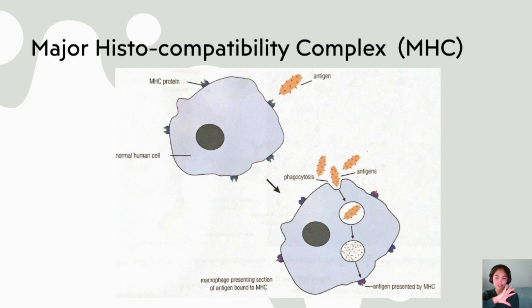So it's presenting that there is something that's not quite right. We will go into further detail on this in another video, but it's pretty much flagging that something's not quite right in our immune system, or in our own body, there's something that might need getting rid of.